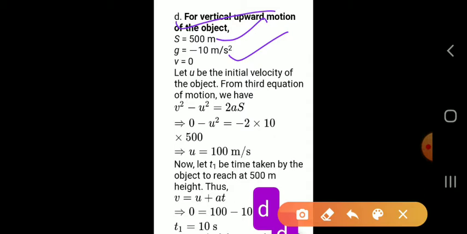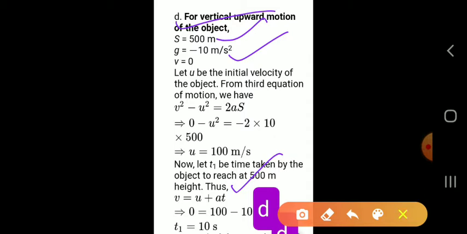Now let T1 be the time taken by the object to reach 500 meter height. Therefore we use the equation V is equal to U plus AT. So 0 is equal to 100 minus 10 T1, so T1 is equal to 10 second. So this is your answer.